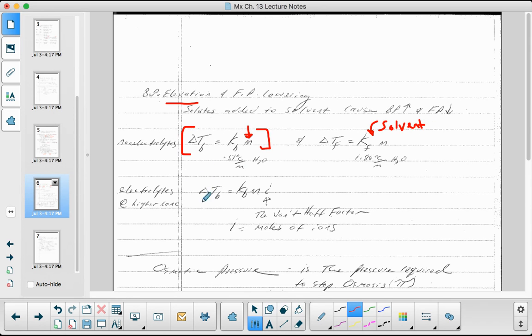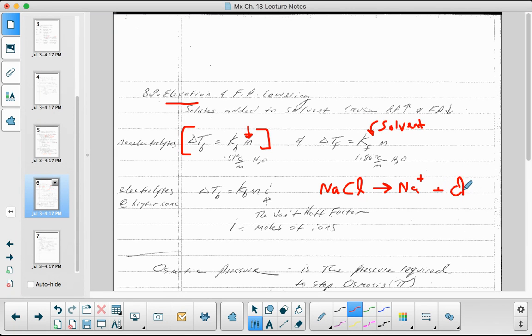Okay. So there's another equation you have to keep in mind, and that's if you have an electrolyte. If I'm dissolving sugar in water, I would use this equation because it will dissolve as a whole molecule. It won't break up into ions. If I were dissolving sodium chloride, which is going to break up into 2 moles of ions, I would have to use this equation here, because what happens when I put salt in the solution is that it breaks up into Na ions and chloride ions.